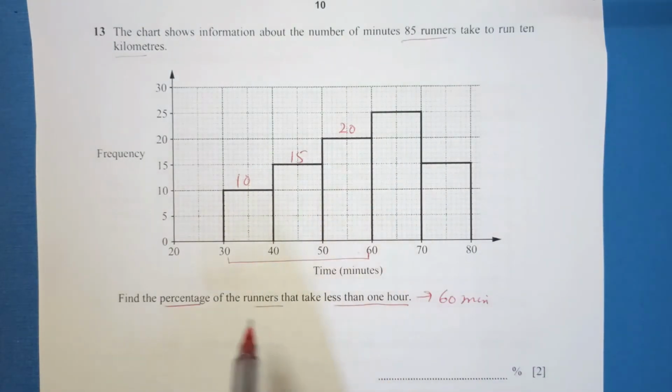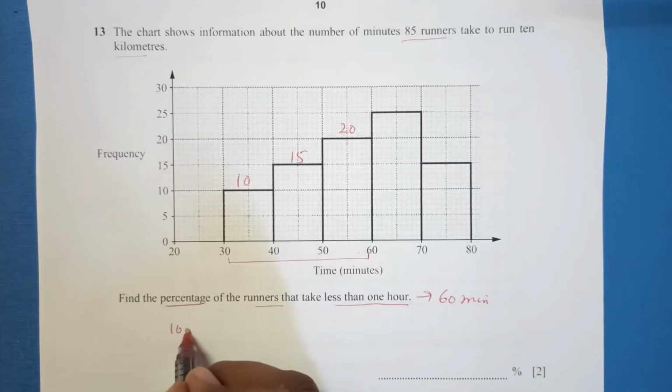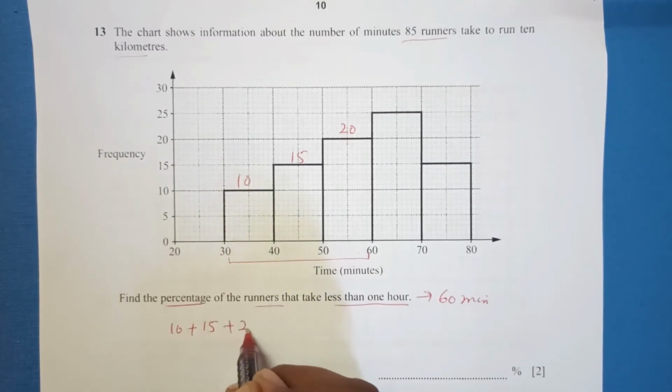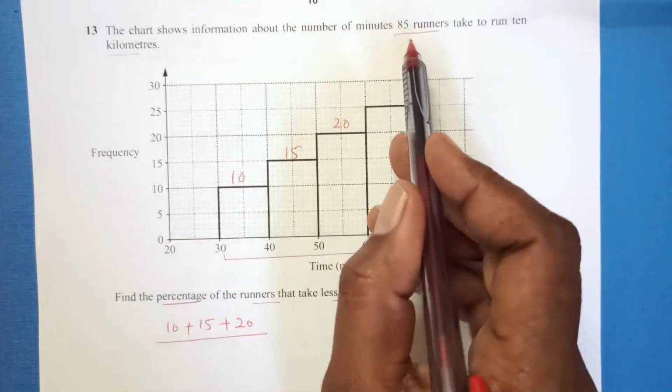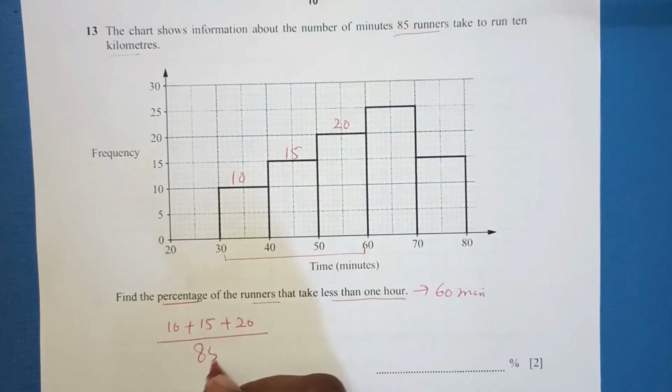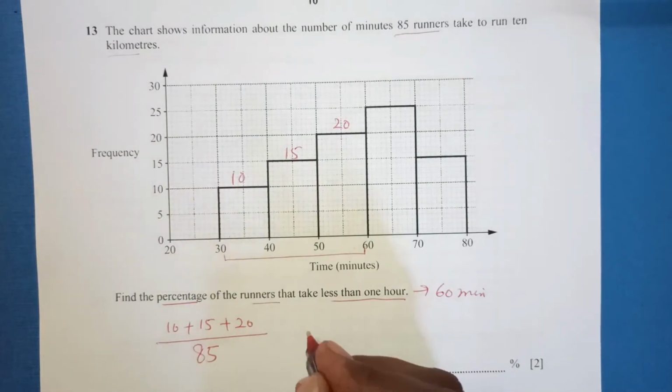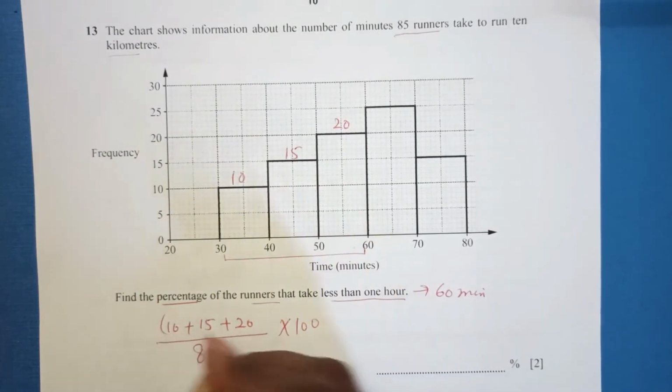And so the total number of the runners is 10 plus 15 plus 20, and they are out of how many? 85. We are given 85, and we need the percentage, so times 100.